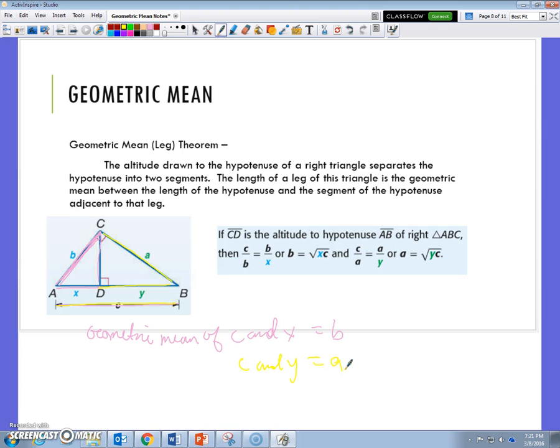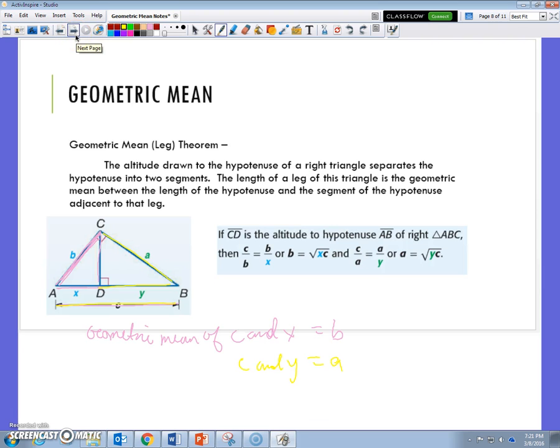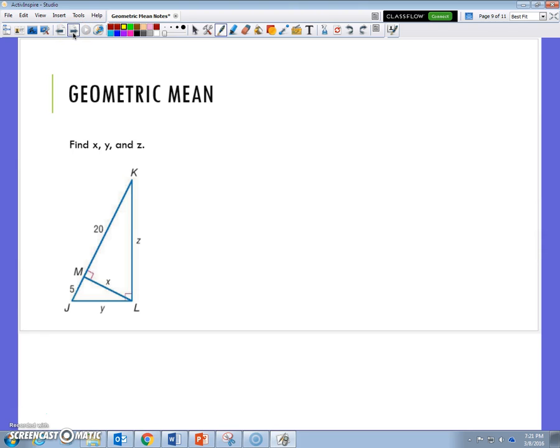So the two theorems I want to talk about: the altitude theorem, where the geometric mean of x and y equals the length of the altitude, and the leg theorem, the geometric mean of the original hypotenuse compared to its leg, hypotenuse compared to leg. So the geometric mean of C and X equals B, geometric mean of C and Y equals A. We're going to have just enough time for one example here to apply what we know.